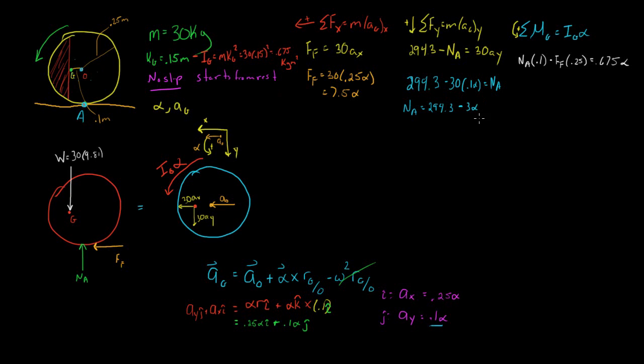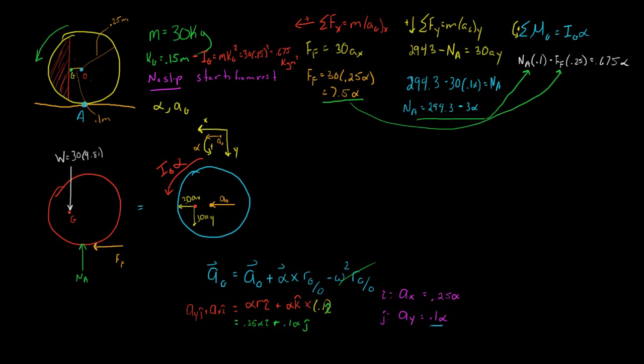So now, what can I do? I have an expression for frictional force in terms of alpha. I have an expression for my normal force in terms of alpha. So I can put this into this equation right here, and I can put this frictional force into this equation right here for the frictional force. When I do that, I have an entire equation just in terms of my angular acceleration.